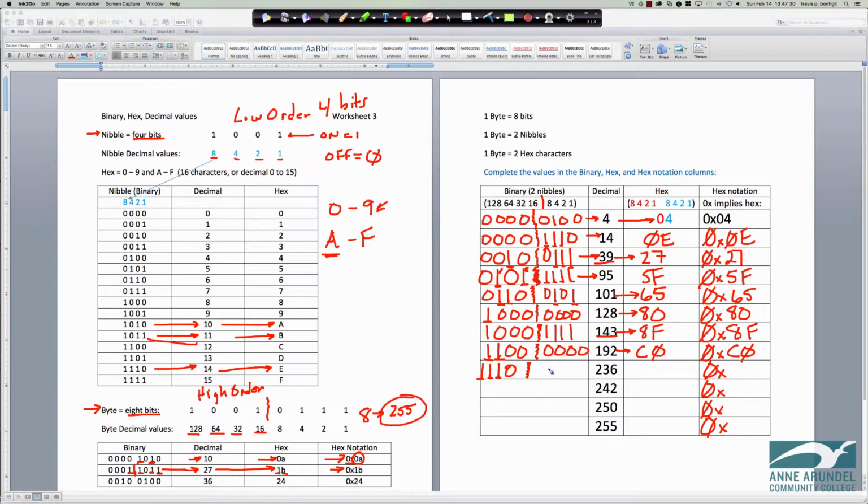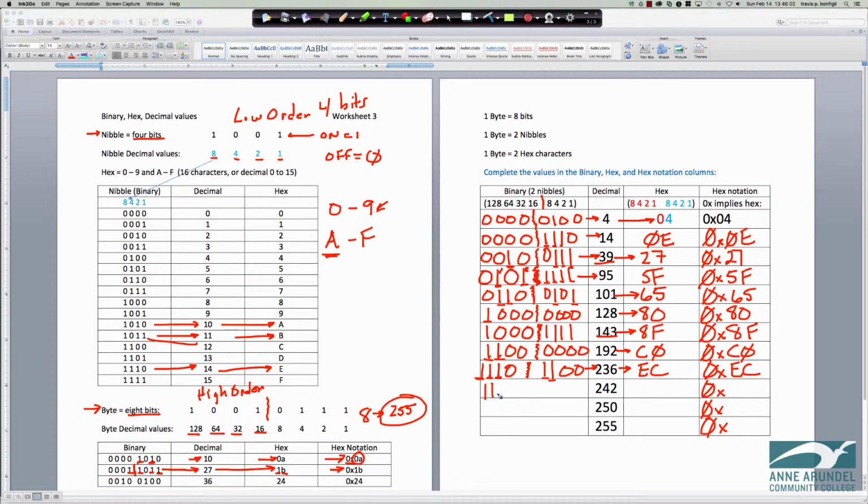So for these last 4, all I need to figure out is the 8 and the 4, that equals 12. And there we go. So 1110 1100 is 236 decimal, and that would be 8 plus 4 plus 2, that's 14. We know that that's E. And then 8 plus 4 is 12, and we know 12 is C. So 0xEC.